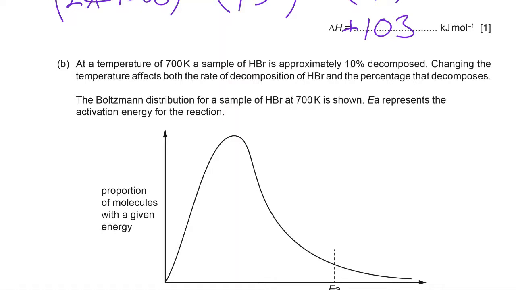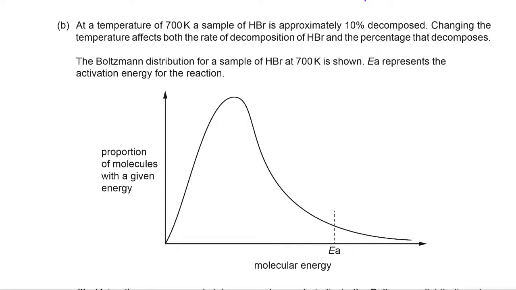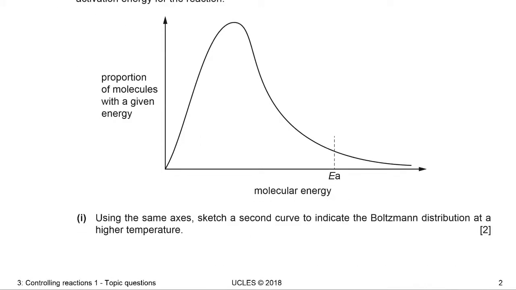The Boltzmann distribution for the sample of HBr at 700 Kelvin is shown. EA represents the activation energy for the reaction. So here we have the Boltzmann distribution. Use the same axis. Sketch a second curve to indicate the Boltzmann distribution at higher temperature.